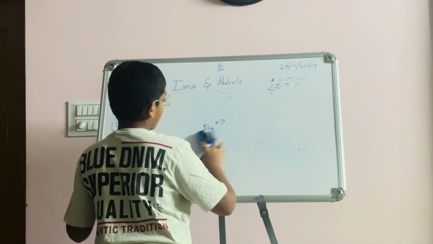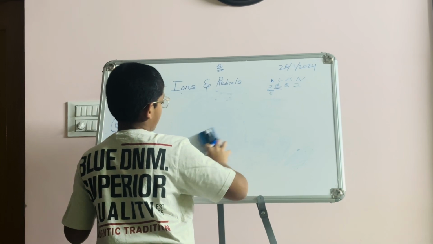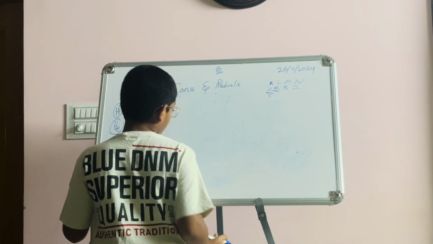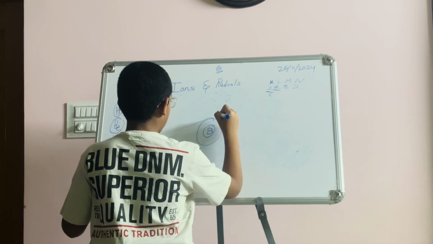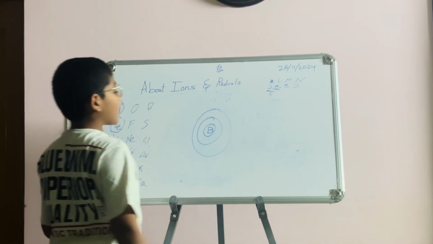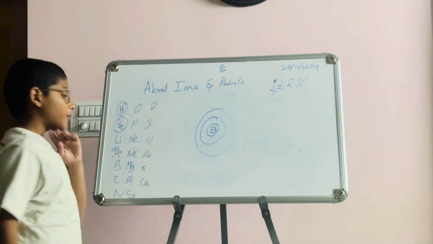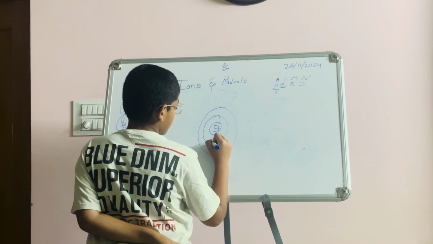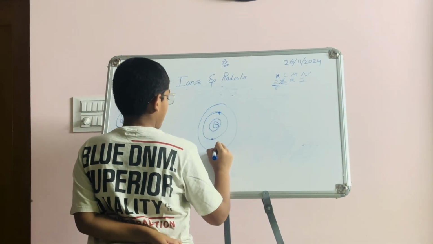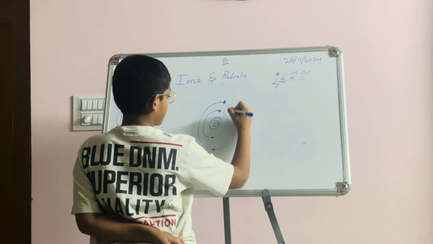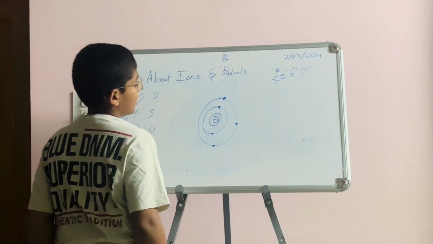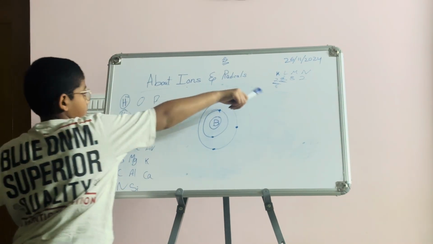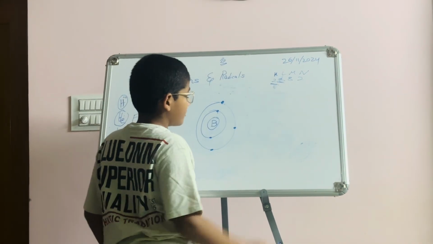Now boron. It has 3 electrons in its outermost shell. K shell 2, in total it has 5, so the L shell has 3. It's still not enough to reach its maximum.